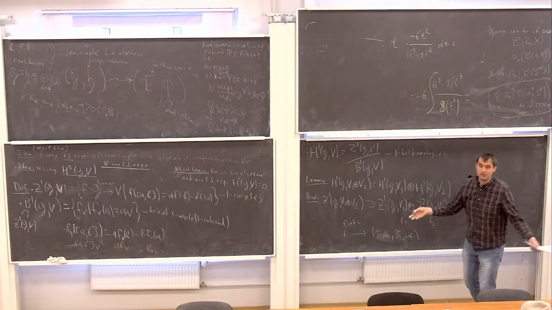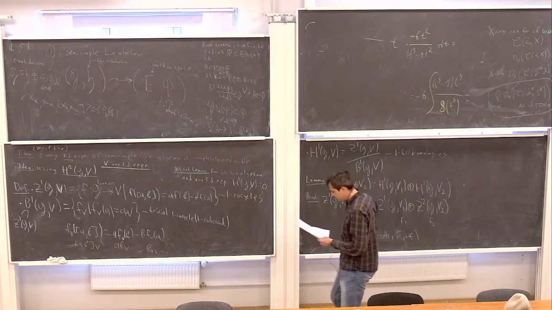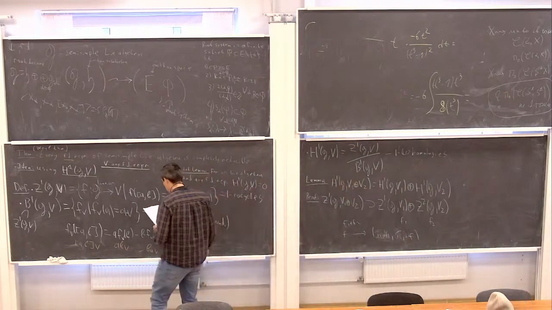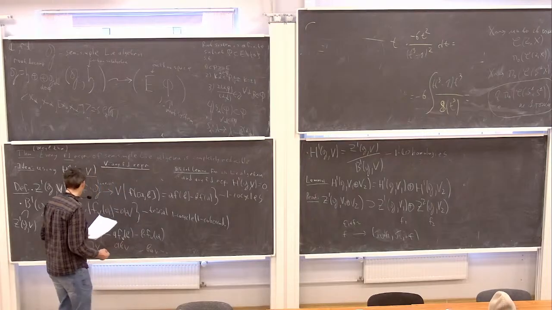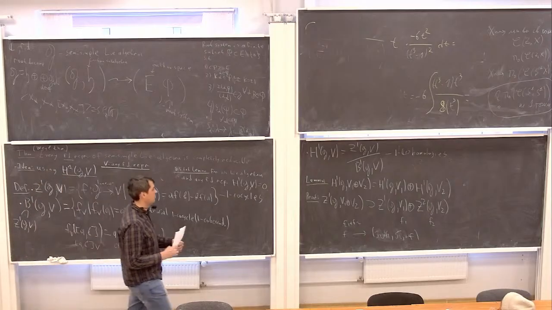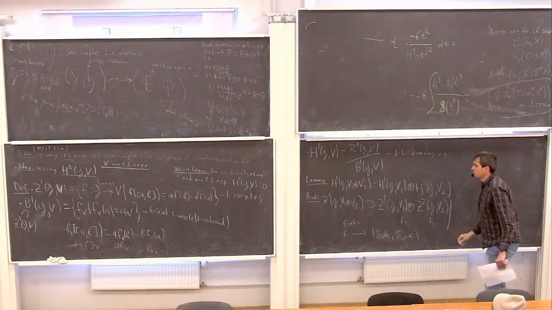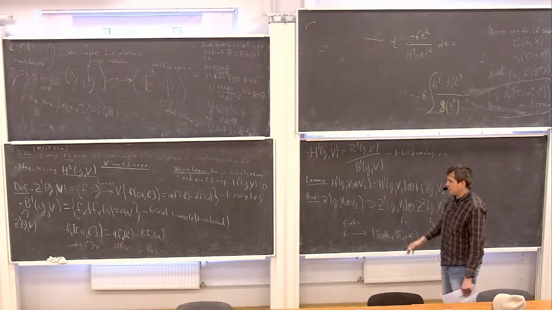Moreover, it's obvious that these maps are inverse to each other. So this is indeed an isomorphism. And what about this? This is just concrete maps.